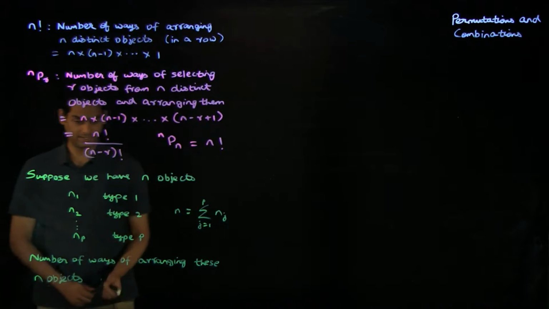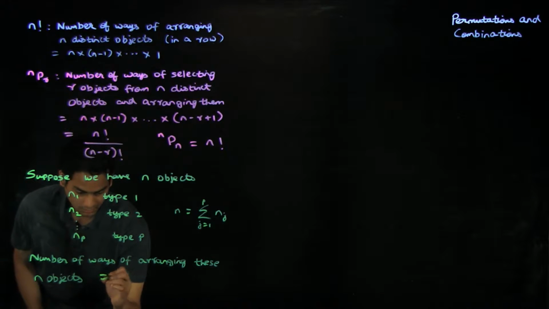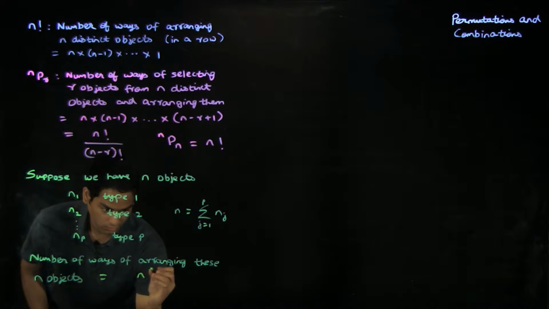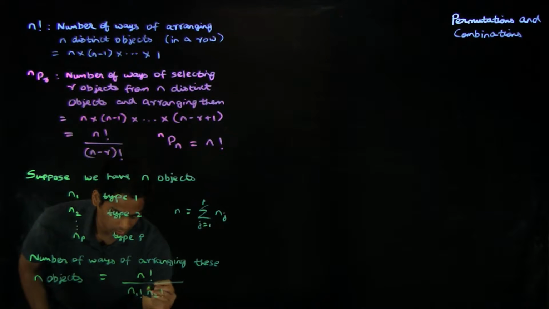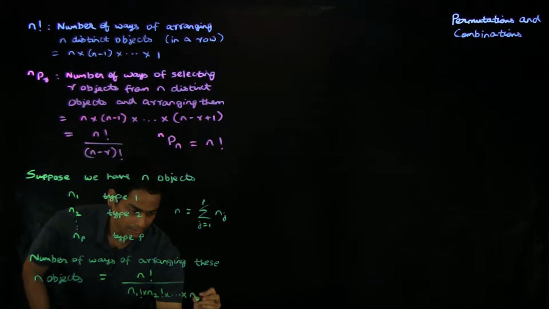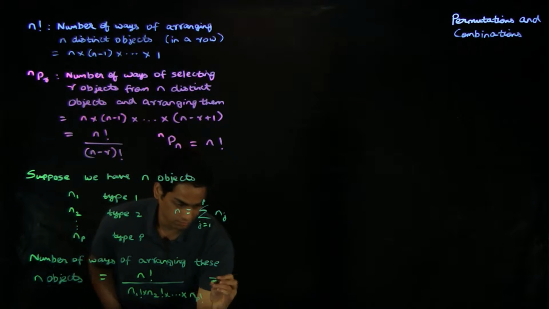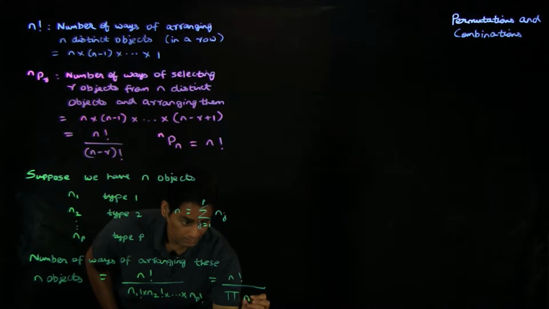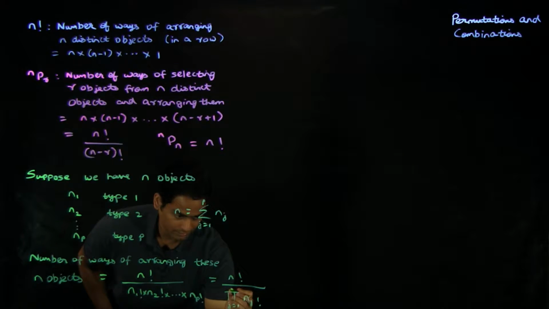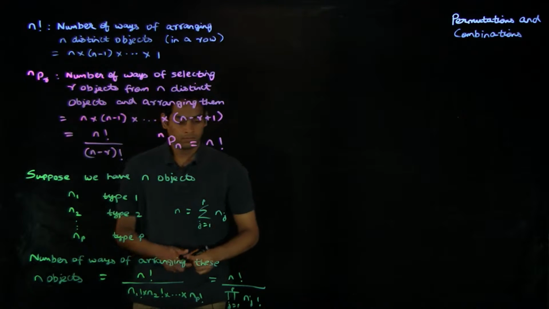And so the number of ways of arranging these n objects is nothing but n factorial divided by n1 factorial times n2 factorial times so on till np factorial. And the shorthand for this is n factorial divided by the product of nj factorial, j equal to 1 to p.